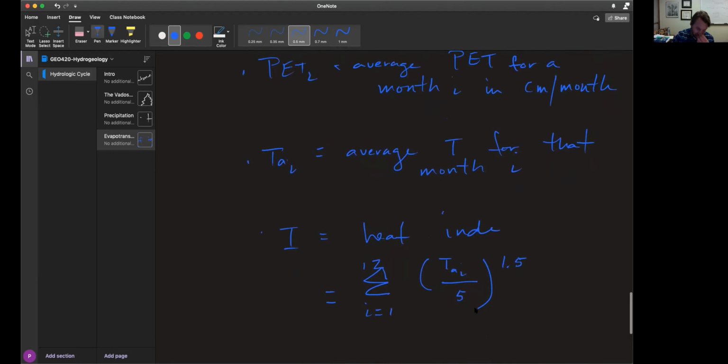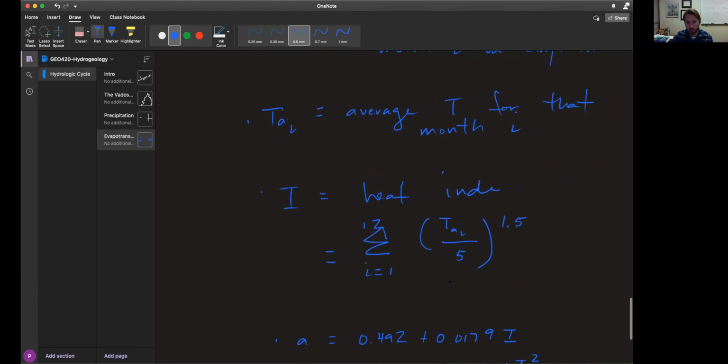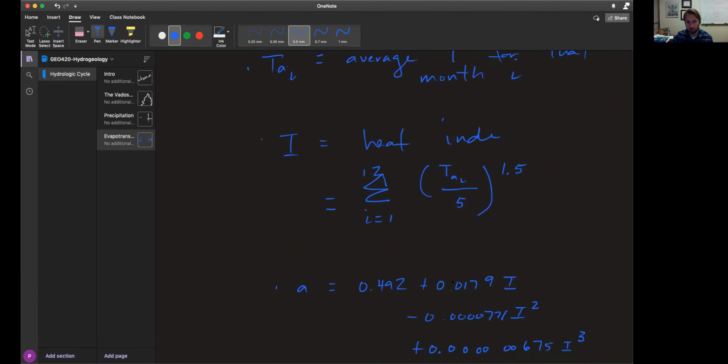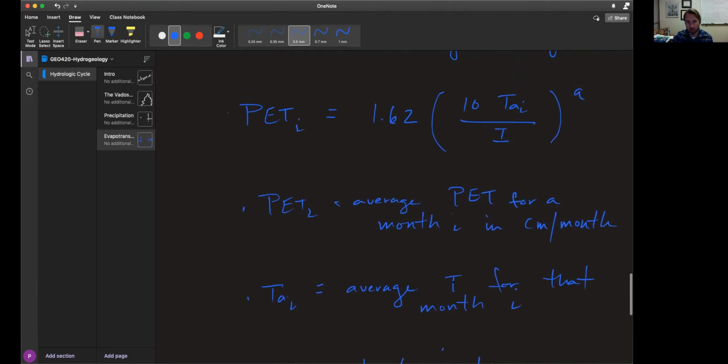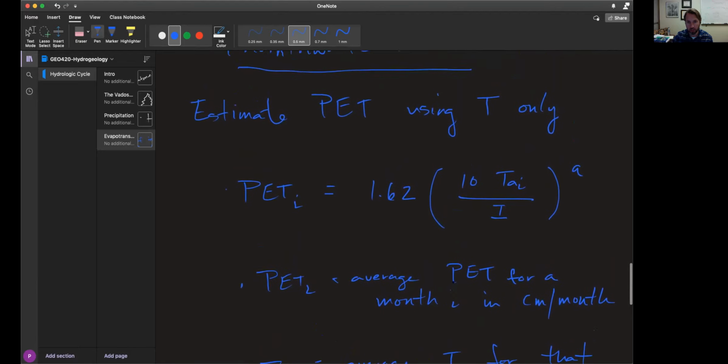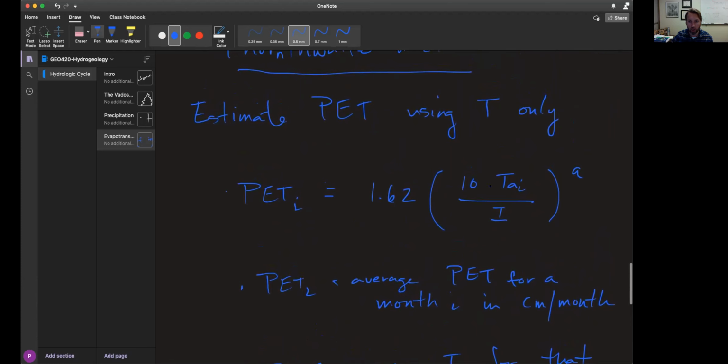All right, some caveats here. If the average air temperature is less than 0, we're just going to assume it doesn't contribute to the heat index. Actually, so this should become 0. And also the PET for months where the average temperature is below 0, we're just going to assume it's equal to 0.